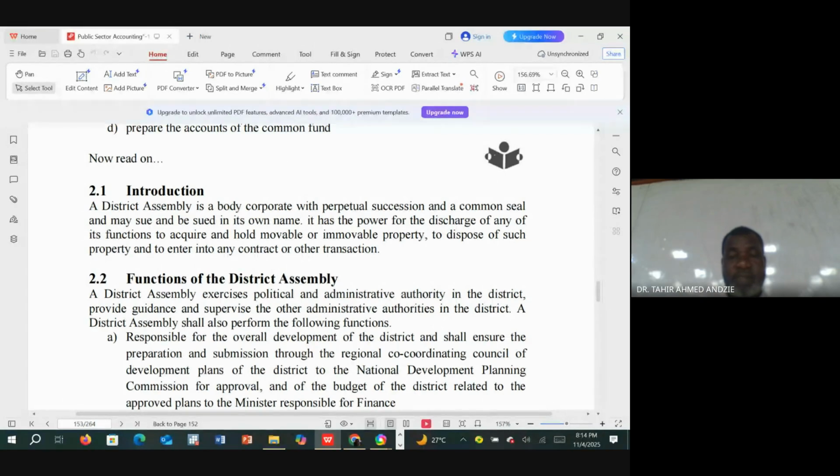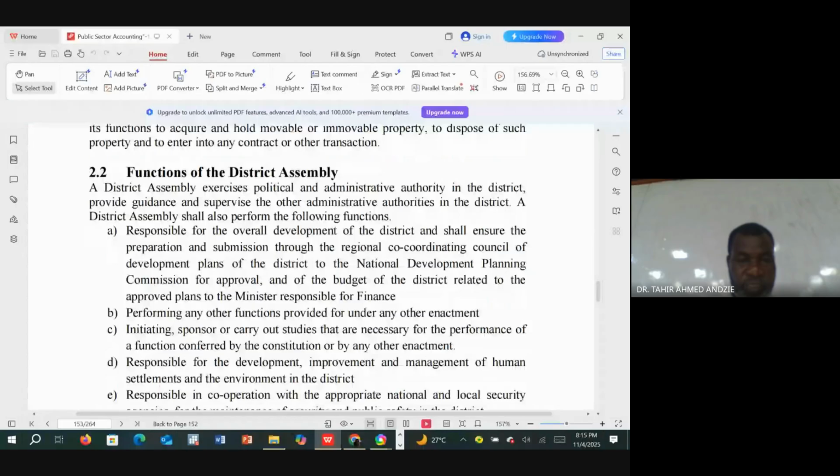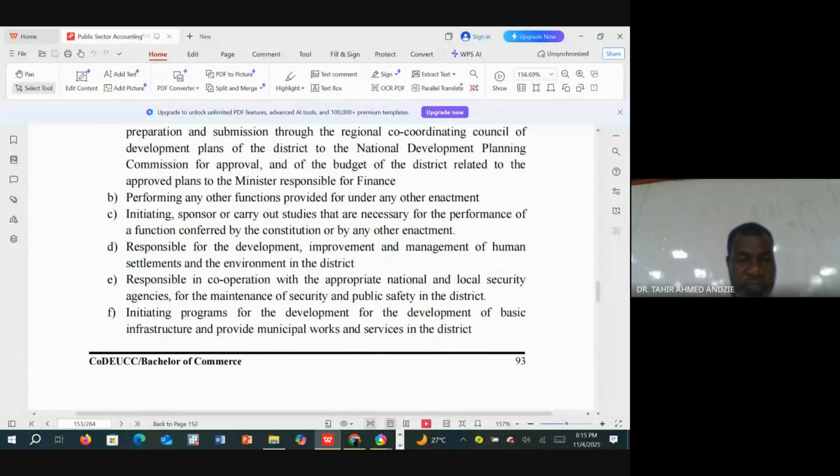Once it is a legal entity, a body corporate, it can acquire property on its own and can dispose of this property at any time it wants, and can enter into any contracts. This is a power given to this assembly. Therefore, the functions of this assembly, we have talked about already. You can just go through that.